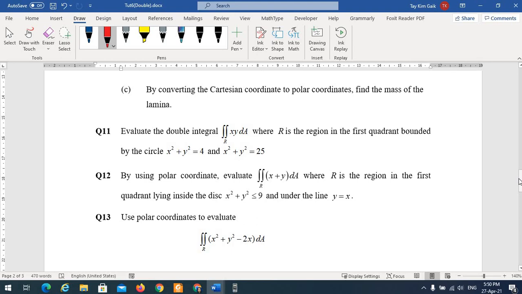Eleven is also area. From question 11 onward, I think using the polar coordinate and the surface area. Polar coordinate.